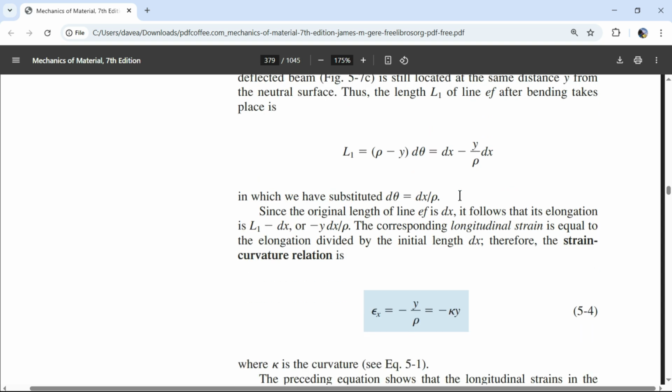That gets us closer, but strain is change in length divided by initial length. If I have a 1 meter, 1,000 millimeter steel bar, and I lengthen it 2 millimeters, I can do that. It's right at the limit. But if I have a 0.5 meter steel bar and I lengthen it 2 millimeters, now it's deformed.